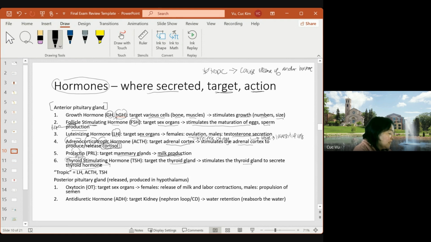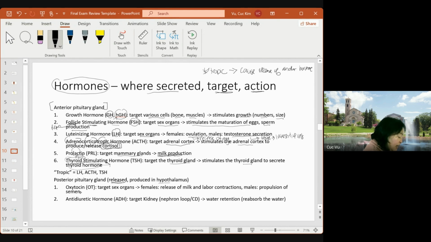Then you have the posterior pituitary gland. The posterior pituitary gland is really interesting. It produces the hormone, but it doesn't release it from the posterior pituitary. It actually has to move down the hypothalamal tract and is released through the hypothalamus.